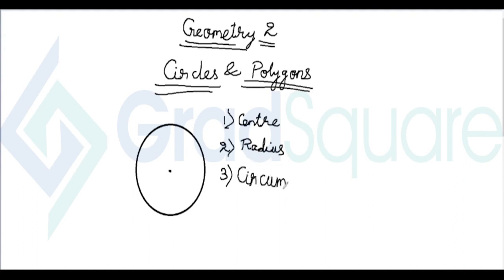So the definition of these three we get from the basic definition of circle itself, and if we know what these three are, then they are related to each other by a very simple formula: circumference is proportional to twice the radius, right? And of course, if you want to make this into an equation, then the proportionality constant is pi.